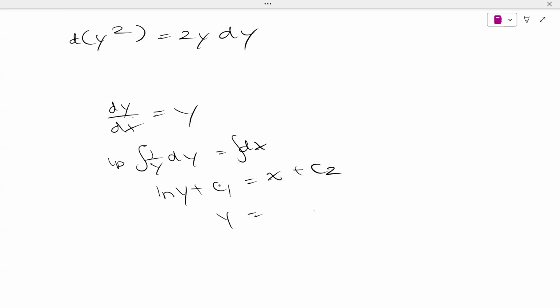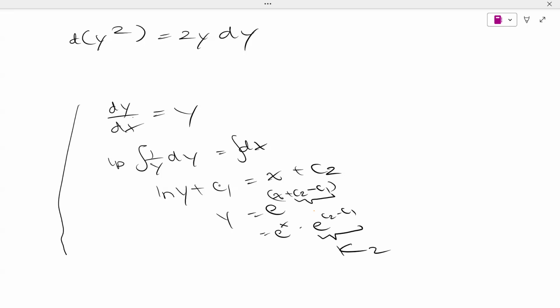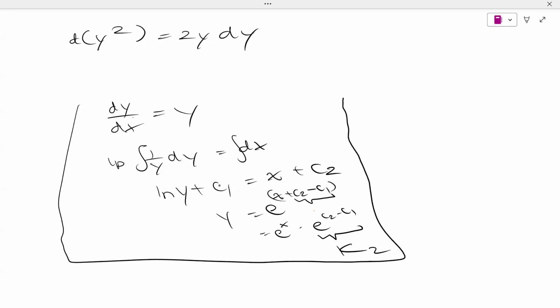Solving this, y equals e to the x plus c2 minus c1. This is just e to the x times e to the c2 minus c1. We can call this another constant k2, let's say. So this is another way you can think of separable differential equations.